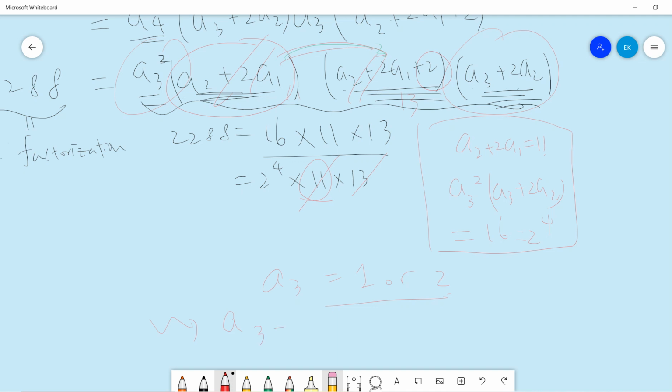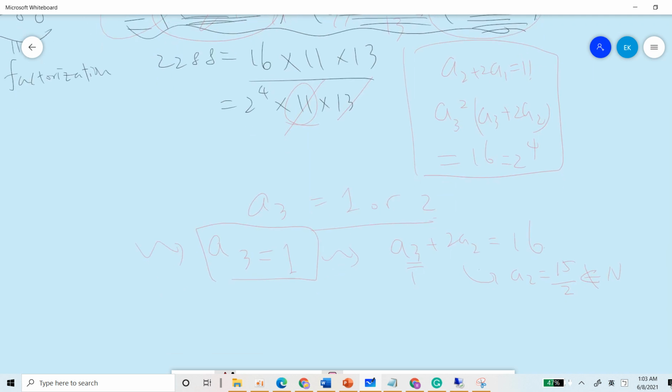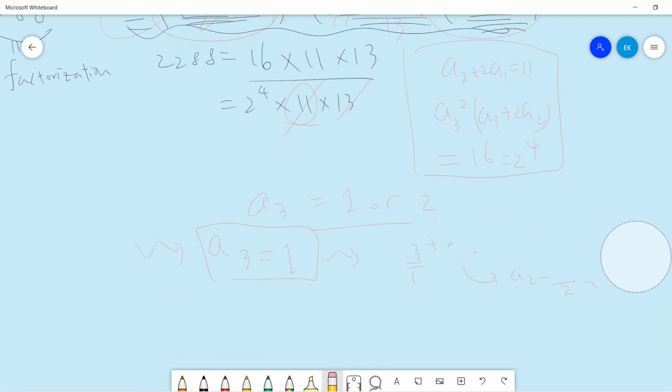Let's say a3 is 1. Then a3 plus 2a2 will be 16, but then a2 will be 15 divided by 2, which is a non-integer. So there's no solution here.